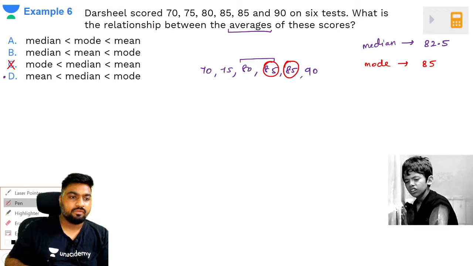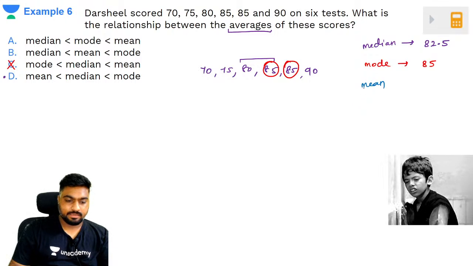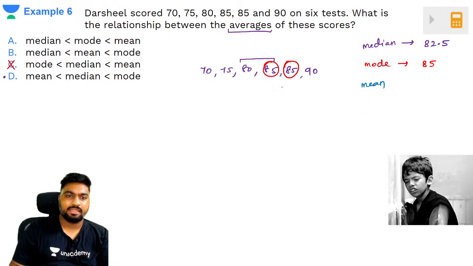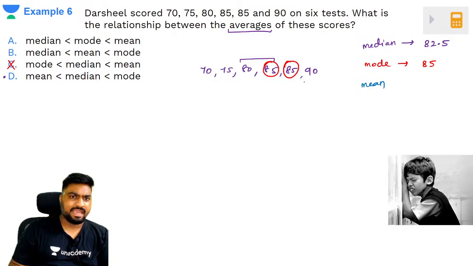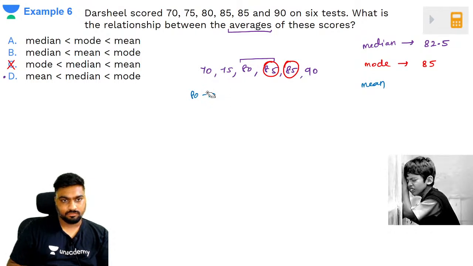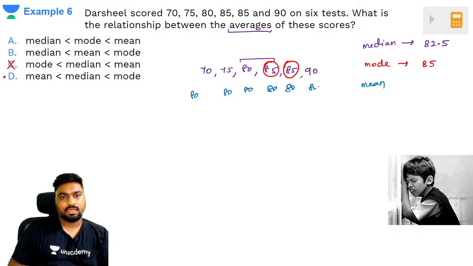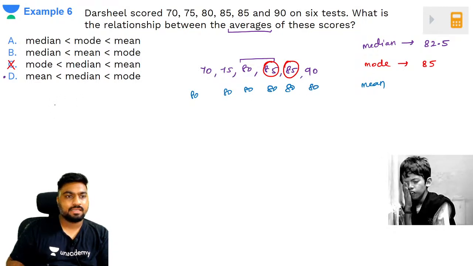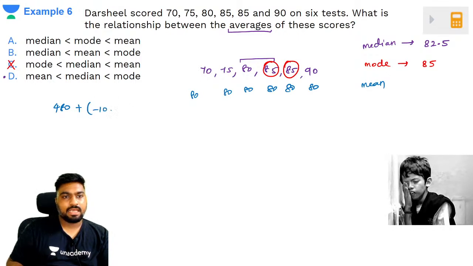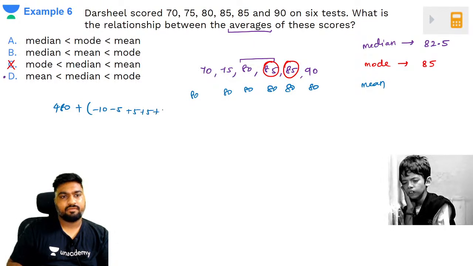Now it's our time to find out the mean. Directly add up and do it, or if you want to approximate, approximate. Call everything 80. This is 80 minus 10. So 80, 80, 80, 80, 80 and 80. There are six 80s, that is 480, plus minus 10 here, minus 5 here, plus 5, plus 5, plus 10.